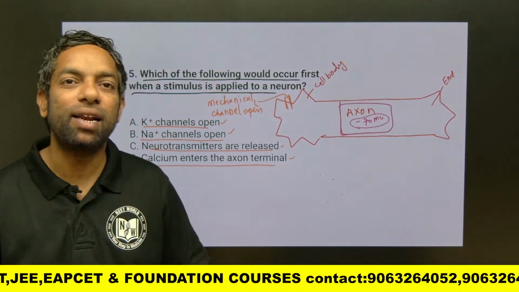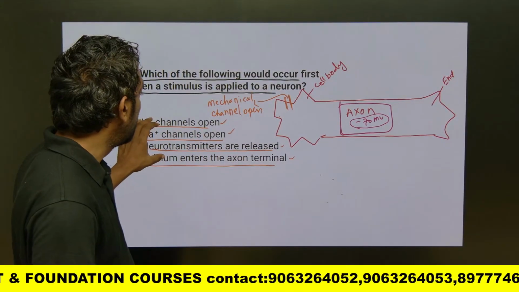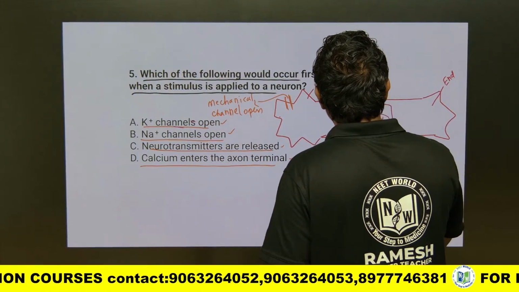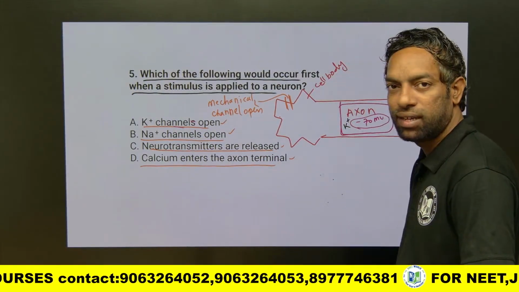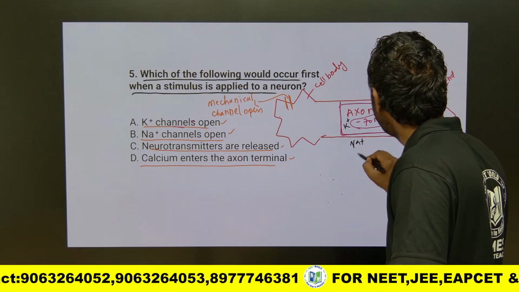If the mechanical gated channel opens, assume first in the resting potential, potassium is high on the inside and sodium is high on the outside of the neuron.